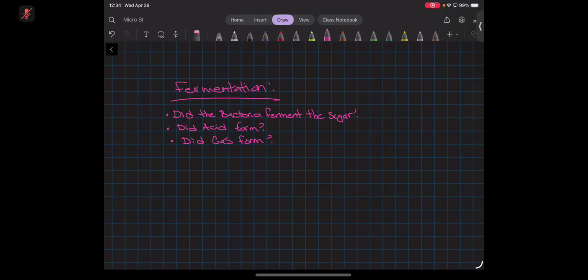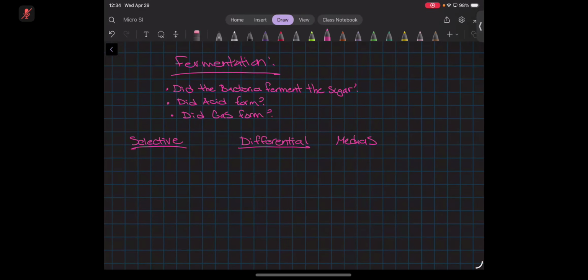So we have two different media types within the fermentation test. We have selective and we have differential medias. So selective chooses who can grow.